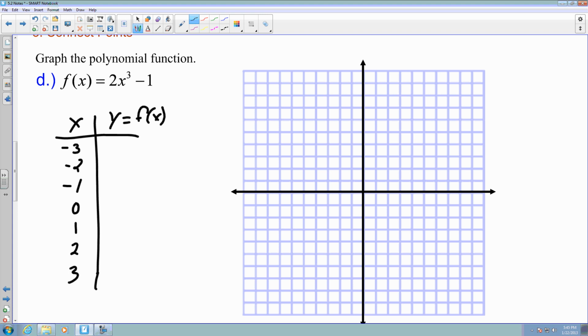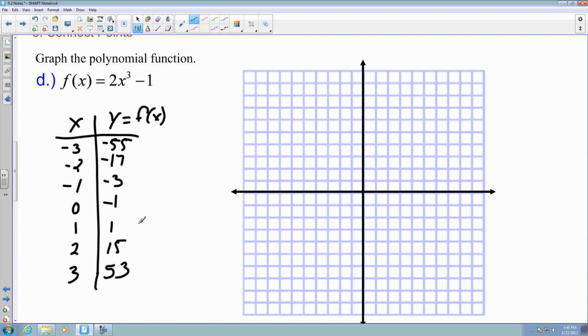So if x is -3, my y or my f of x would be -55. If it was -2, it'd be -17; -1, -3; 0, -1; 1, 1; 2, 15; 3, 53.